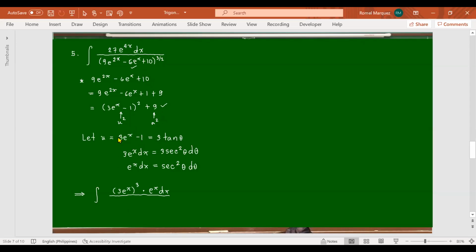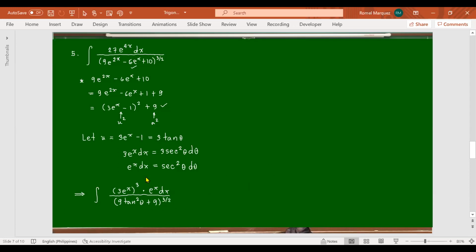This quantity, so u is squared, so I will square this. That is 9 tangent squared theta. Again, this is u squared plus a squared, where a squared is 9, raised to 3 halves.